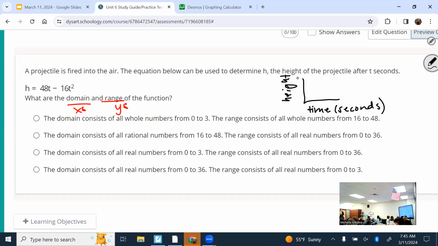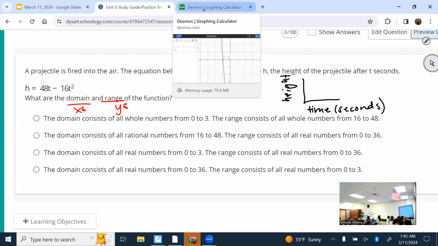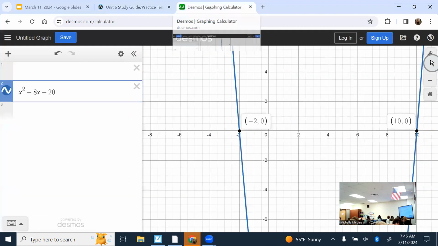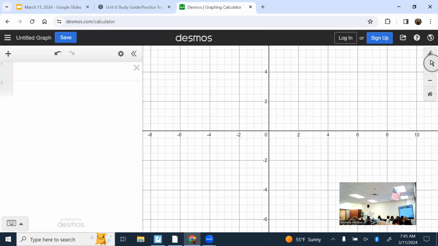So can the time be negative? So no negative numbers. Can it be decimals for the time? So also it has different intervals, so we might actually have to graph it and see where it starts and ends. So 48t minus 16t squared.